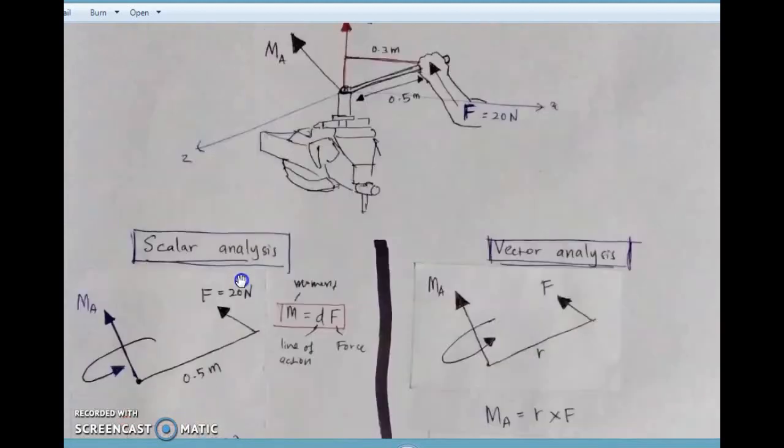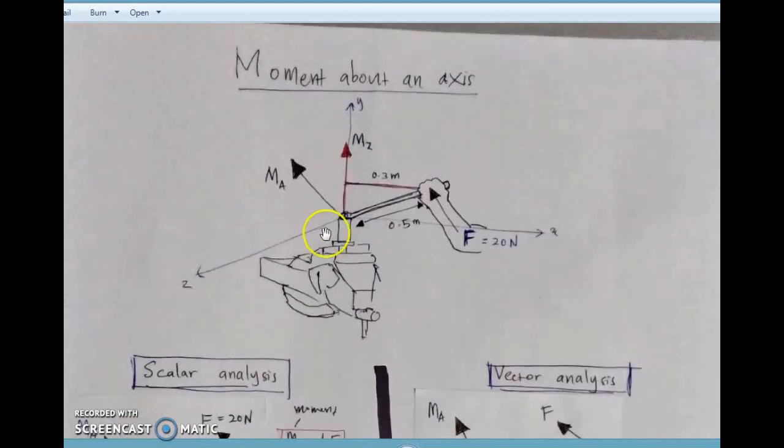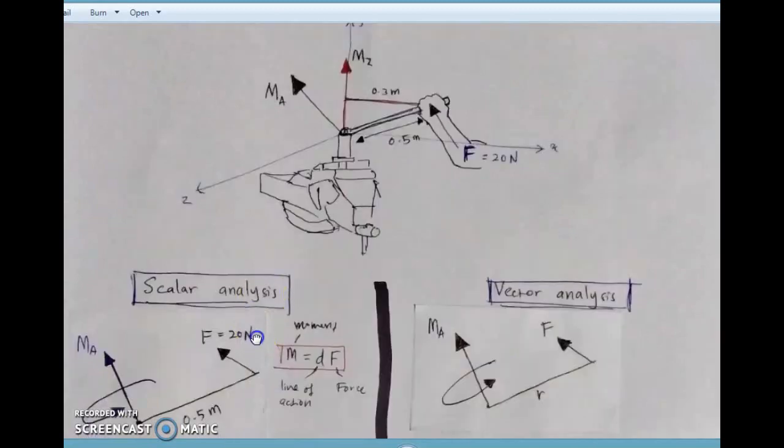And then if you want to calculate the moment about the axis, which in this case is the axis of Y, you may take the shortest distance, which is in this direction.